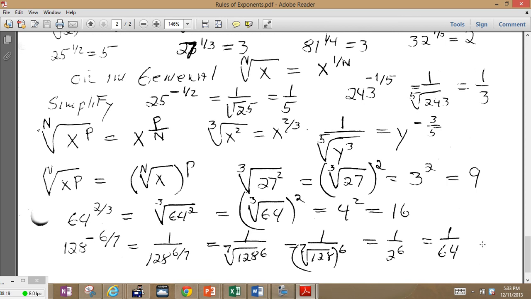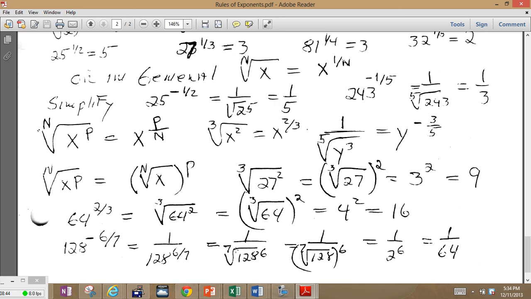These things you want to have a real good handle on. You're going to have a lot of those to work on. 128 to the negative 6/7 power is 1 over 128 to the positive 6/7 power, which is the 7th root of 128, which again, you should recognize as powers of 2. Most of these higher powers, higher roots are going to be, in almost all cases, powers of 2.